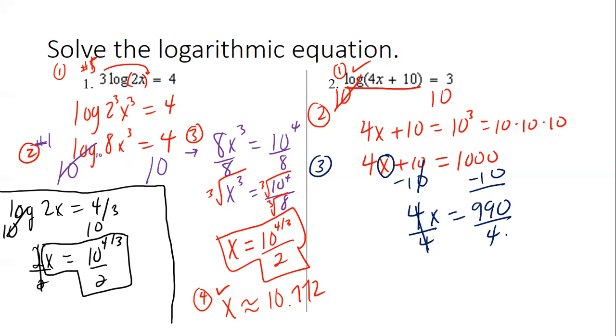So let's do some shorthand division. 4 goes into 9 how many times? With the remainder of 1, right? 4 goes into 19 how many times? 4, right? Because 4 times 4 is 16. So it goes in there 4 times with a remainder of 3. 4 goes into 30 how many times?